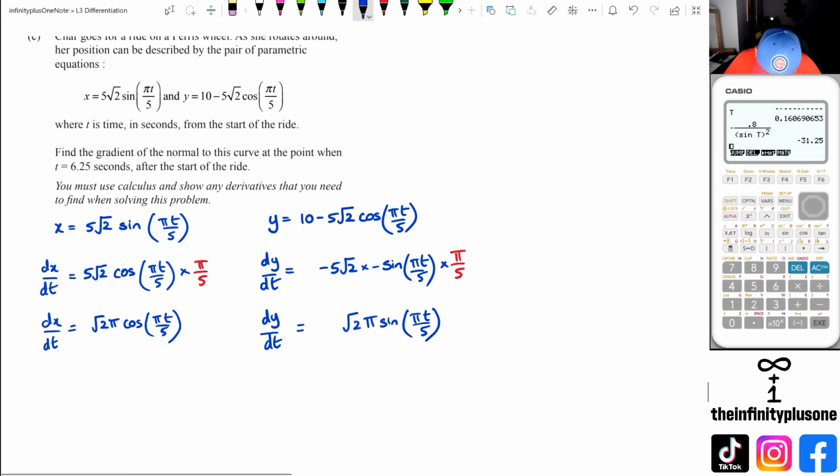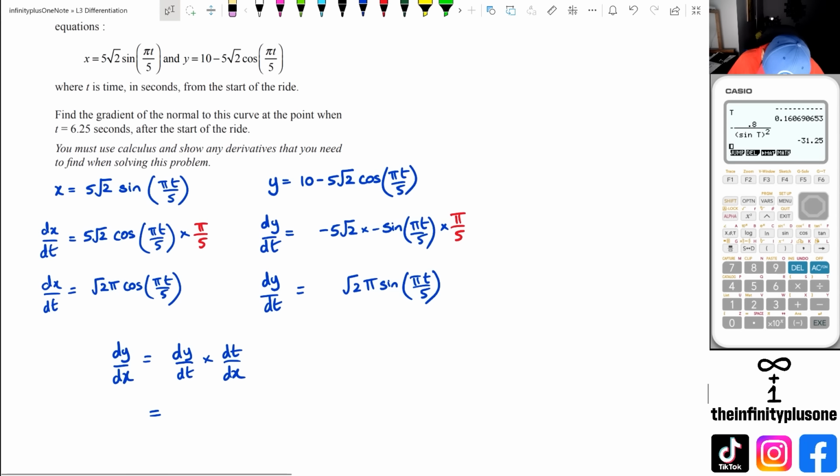So with that in mind, I can say that dy dx is equal to dy dt multiplied by dt dx. So dy dt is square root of 2 pi sine pi t over 5 divided by dx dt, flipped upside down.